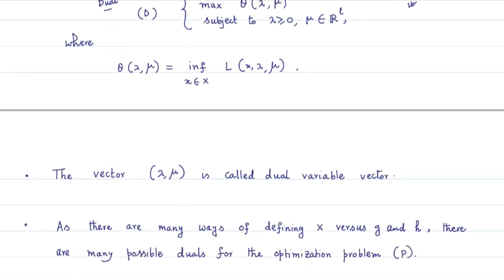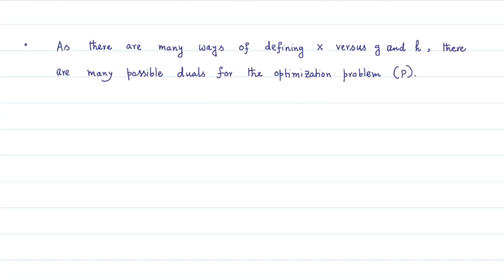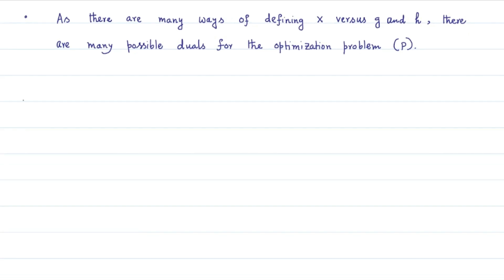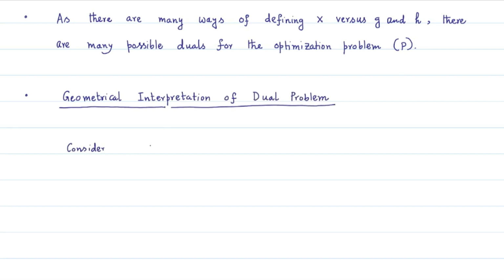Now let me describe a geometrical interpretation of this dual problem. For identifying a geometrical interpretation of the dual problem, let me go with the simpler case where I consider the primal problem as having only one inequality constraint, and from the geometrical interpretation for that particular problem we will be able to identify a geometrical interpretation for a general problem P. So for the geometrical interpretation, I consider the primal problem as minimization of the function of several variables f(x) subject to, let us suppose we only have one constraint, say g(x) less than or equal to 0.